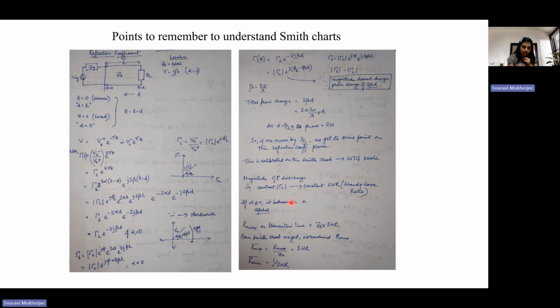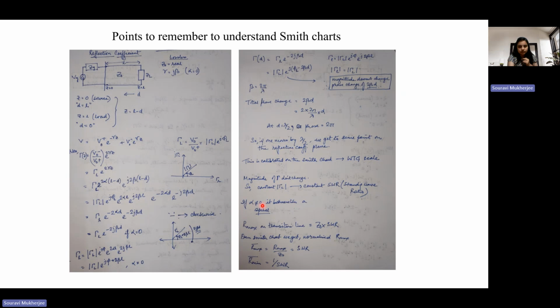Along that circle, the reflection coefficient will be constant. The phase changes can happen, but the reflection coefficient remains constant. And that constant reflection coefficient will be associated with a constant standing wave ratio. So these are called the SWR circles.